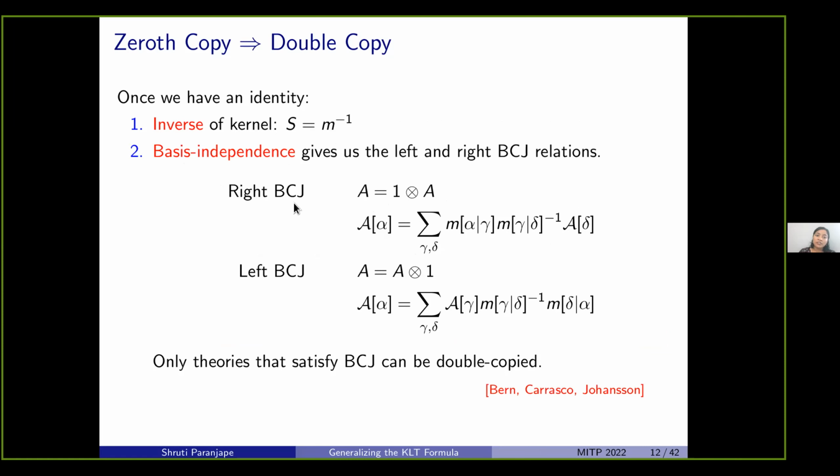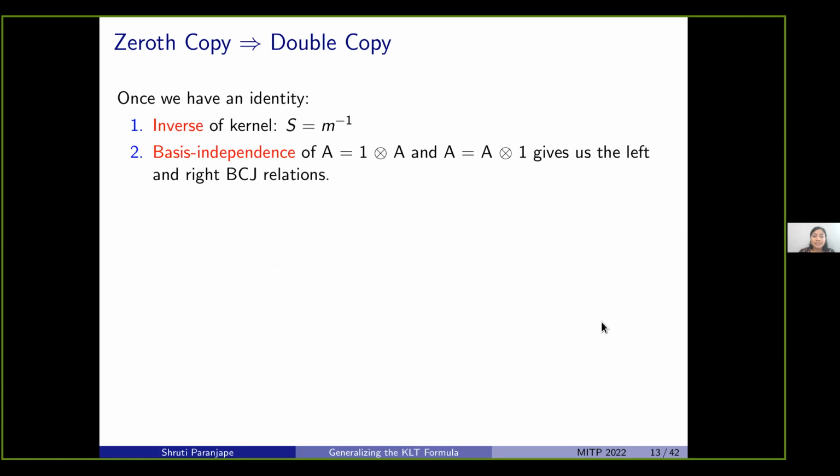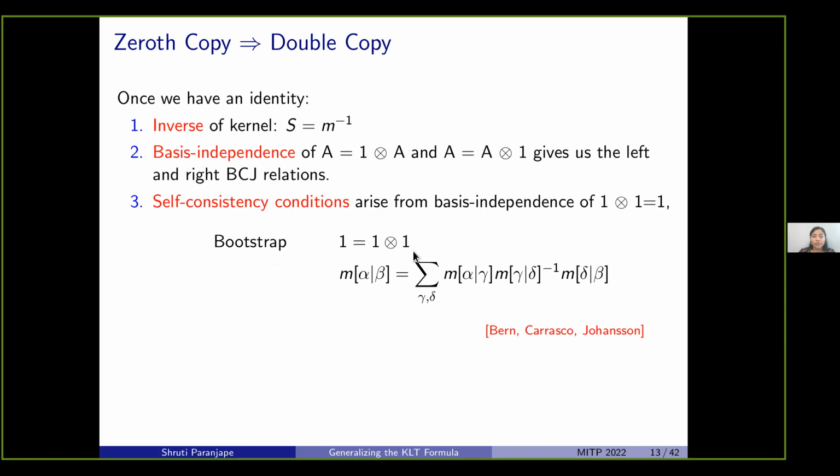In particular, it gives you the right and left BCJ relations, which I'm basically calling any linear relation between amplitudes of the same theory a BCJ relation. Good. And only theories that satisfy these BCJ relations can then be double copied. And finally, basis independence of this relation is what I'm going to call the KLT Bootstrap equation.